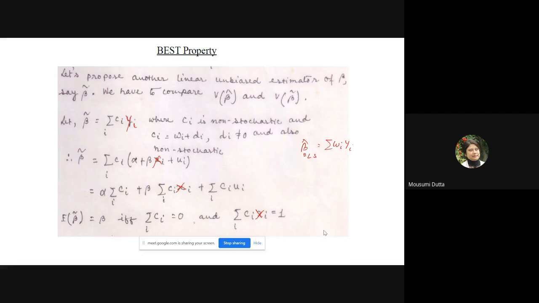I'll minimize subject to these constraints as we proceed further. I hope everybody is understanding. While we are bringing CI, the preconditions are generating two constraints in the framework. One is summation CI should be equal to 0 and another is summation CI XI should be equal to 1.